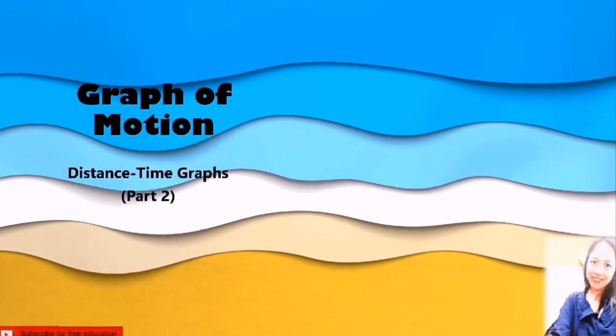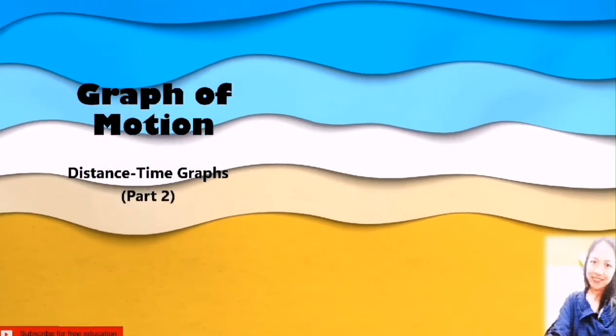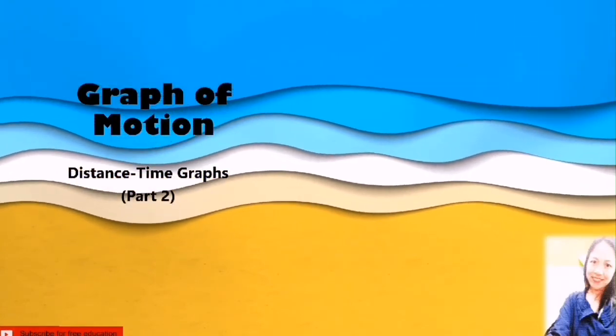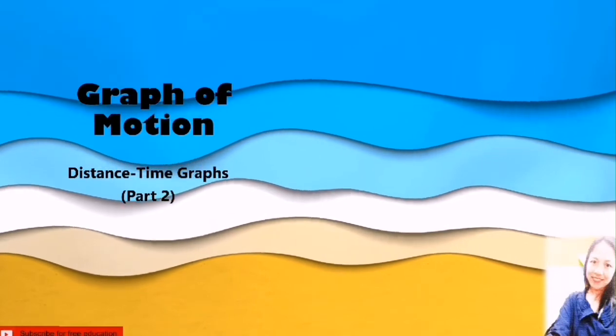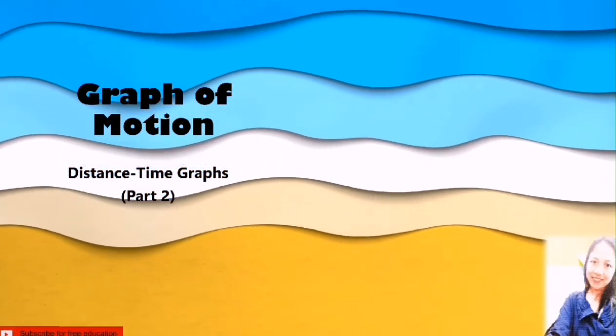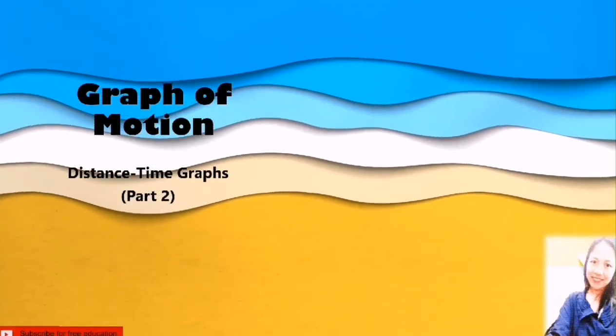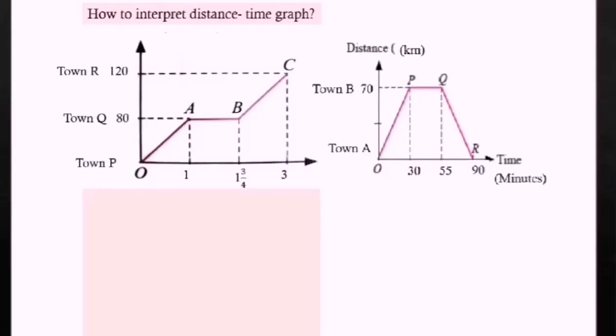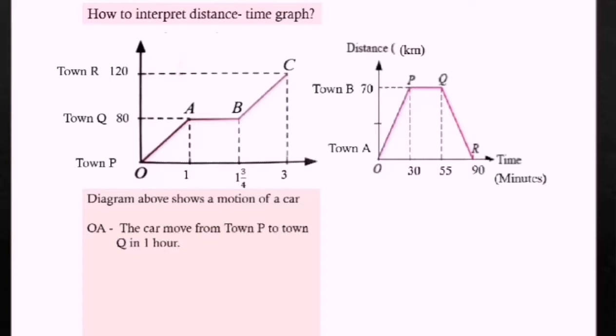Hi, today we are going to learn how to interpret distance time graph and how to find the speed and average speed from the distance time graph. For the first diagram above shows a motion of a car. OA is part.